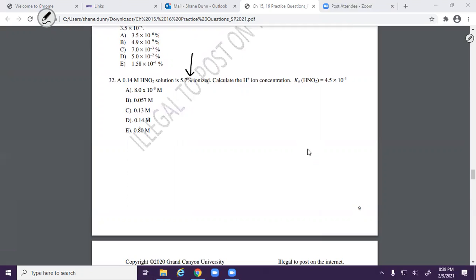Gosh, okay, fine. I mean, if you want to do it both ways, that's fine. Okay, there's 2 ways of doing this. Percent ionization. So I got 5.7% ionization, which is equal to the concentration of my H's over the concentration of my HA. Right? What am I solving for?